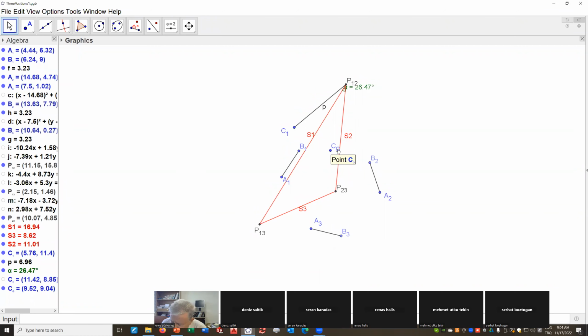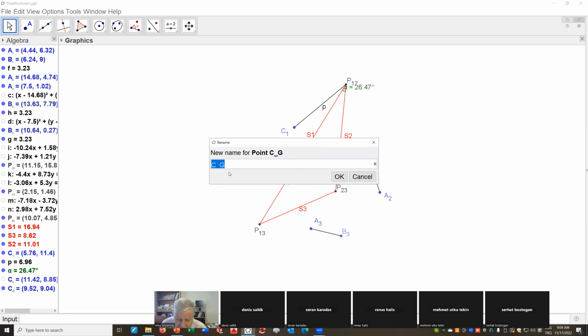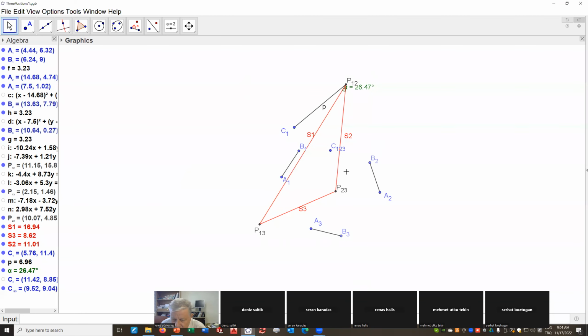The reason I'm using G is it's much simpler to type G rather than typing 1, 2, 3. If you want, I can change to 1, 2, 3, very easily rename it as C123. But typing CG is much simpler. That's why I'm using it.